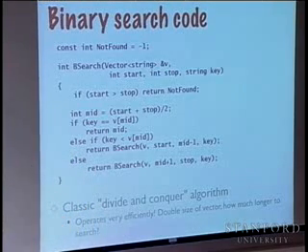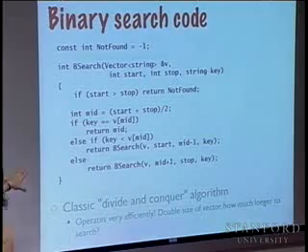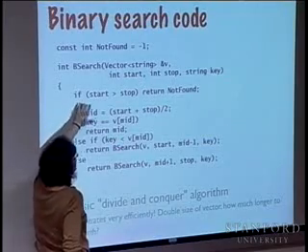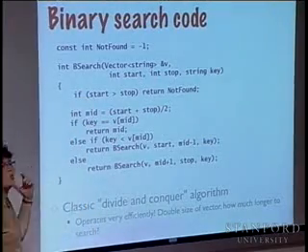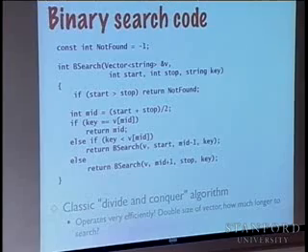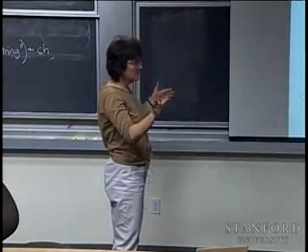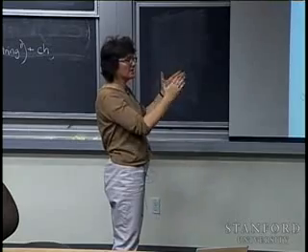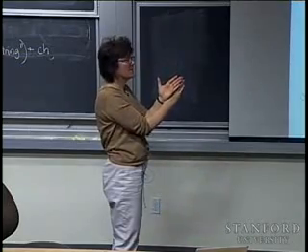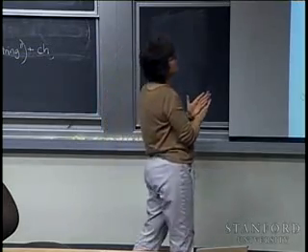So taking off half of the elements under consideration at each stage, eventually I will get down to the simplest possible case. And the simplest possible case isn't that I have a one element vector and I found it or not. The really simple case is actually that I have 0 elements in my vector, that I just kept moving the upper and lower bound until they crossed, which meant that I ran out of elements to check.